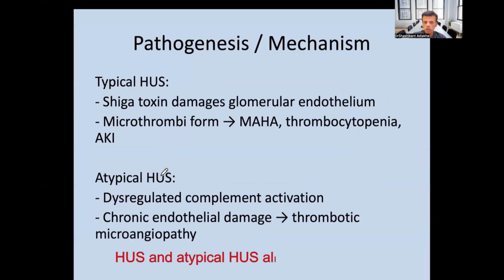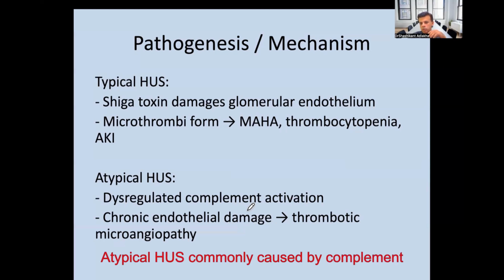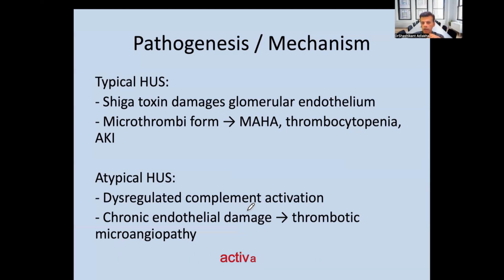Typical HUS and atypical HUS, as we discussed, have the same clinical features, but the pathogenesis clearly differs, with direct toxin-related damage in typical HUS, while atypical HUS is commonly caused by complement activation.